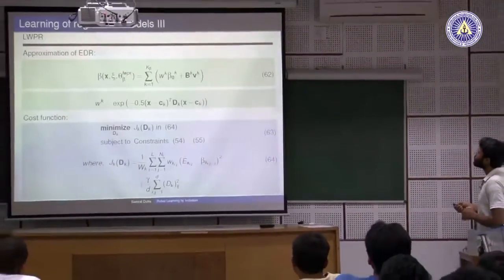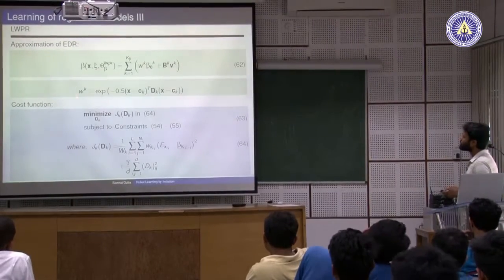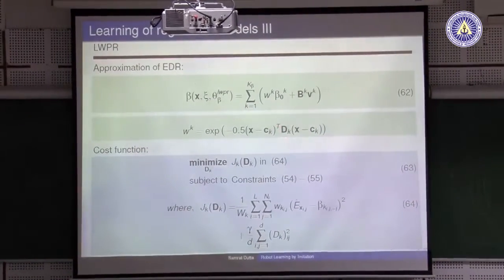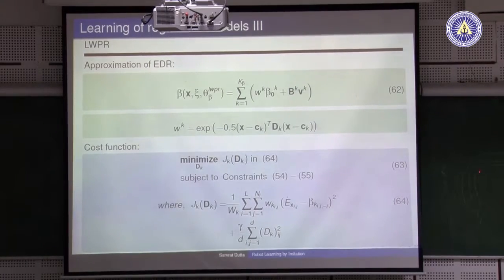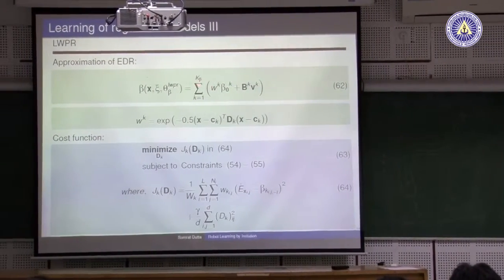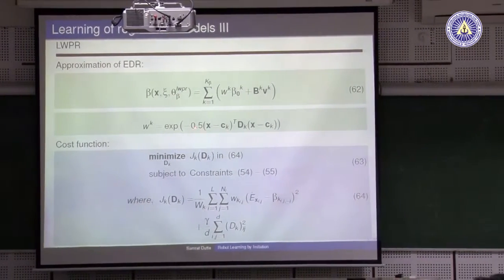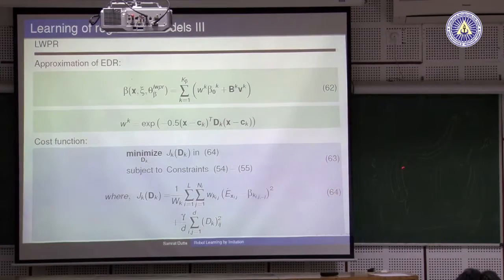So, that is the good thing about LWPR, where beta is represented like this. These are the projections here, and the weight is defined by this. You see, again here it is a Gaussian function where dk is the distance matrix. LWPR also works in this way, where local models are learned. So, we have k beta local models here, and these are the centers, Ck, and dk is the distance between the centers.